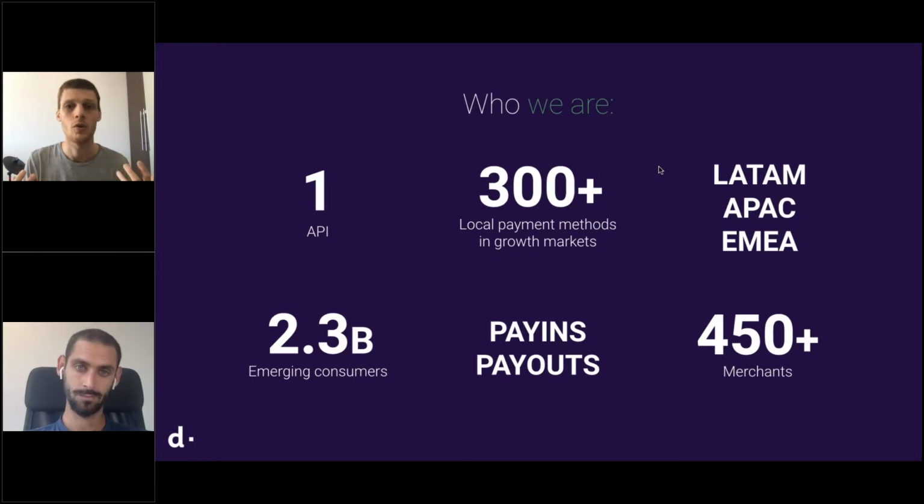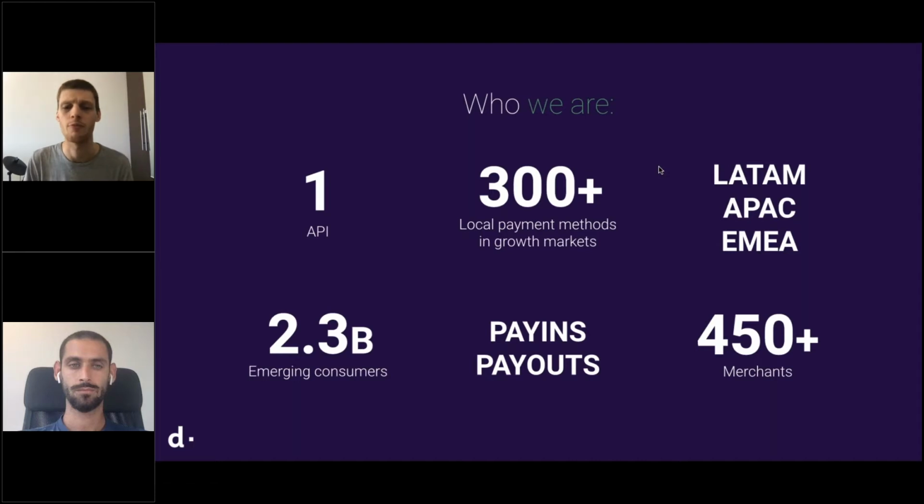We are a company that gives you, through one API, more than 300 local payment methods in Latin America, Africa, and Asia, reaching more than 2 billion consumers, doing both pay-ins and payouts: getting payments from your users in these markets and sending mass disbursements to these customers.